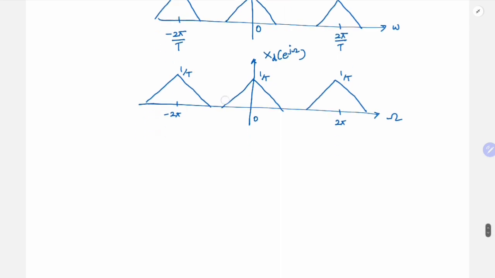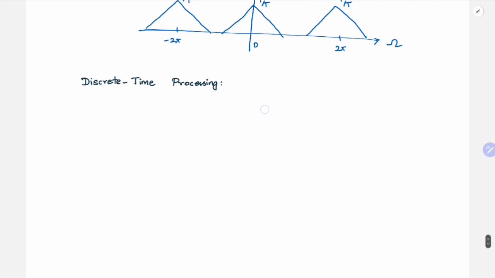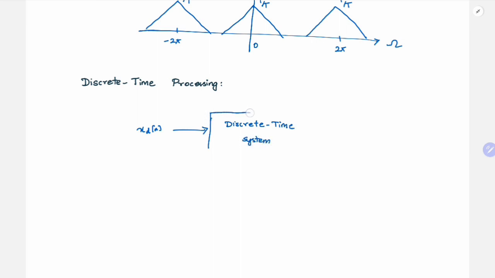So the next step is discrete time processing. Here I have Xd of n and a discrete time system, and then I'm going to have Yd of n.